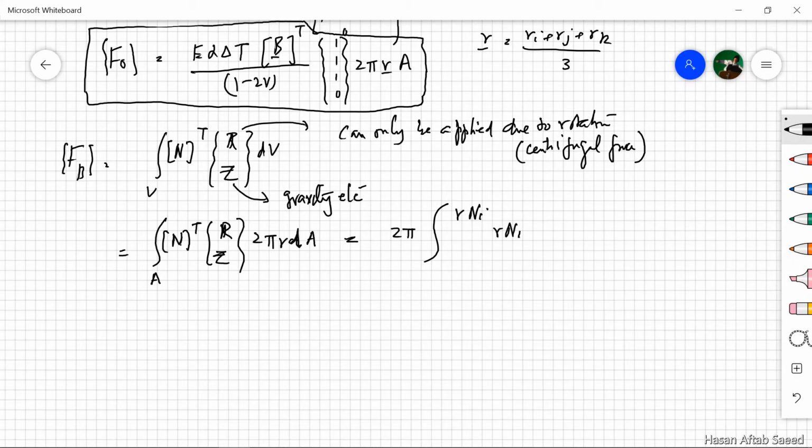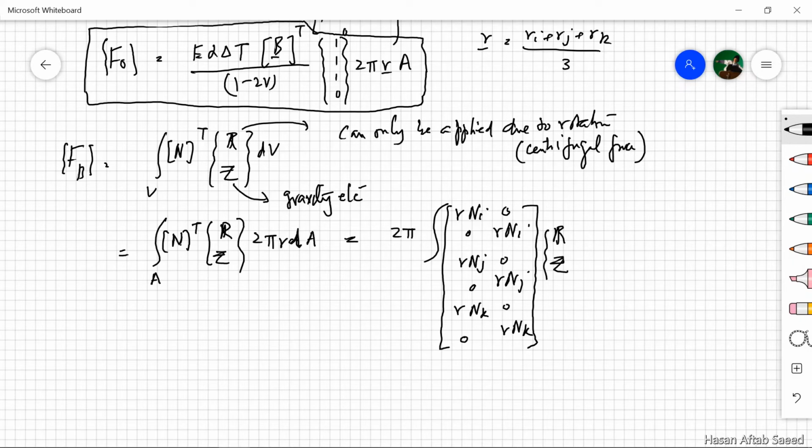r Ni, r Ni, r Nj, r Nj, r Nk, r Nk. We have zeros here, and then we have r Nz, and then the dA.